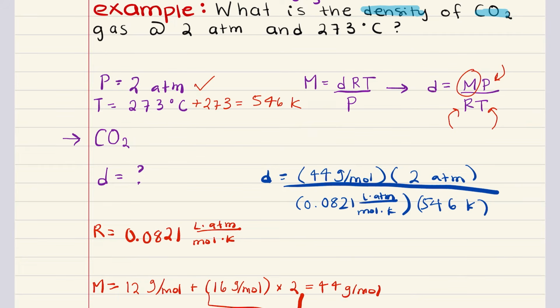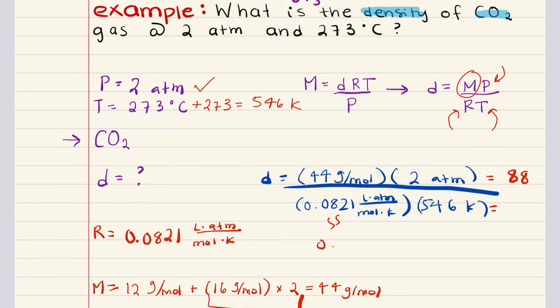Okay, let's take this slow and easy. So our numerator is just 44 times 2, so that's equal to 88. What about our denominator? I'm going to approximate this to 0.08 like we did for the first example problem, and then I'm going to round this to 550. This should be a fairly easy calculation.